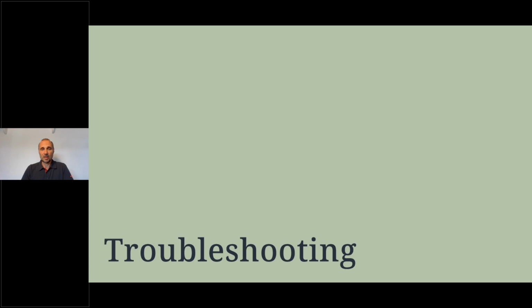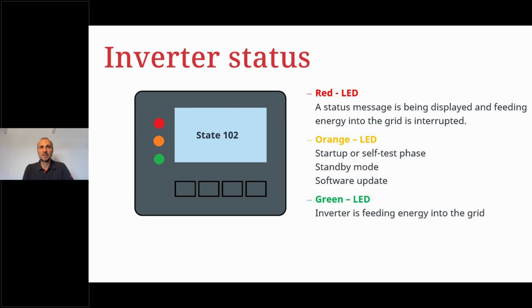If we then start with the troubleshooting, I first would like to recommend you to see the inverter status on the display of the inverter, which is stated as a state code in a 3-digit number, state 102, for example. Beside the display, you see as well 3 LEDs. The red LED shows the status message if the inverter is not running for the moment, for example, and if the feed-in is interrupted, maybe there's a problem with the grid and the grid voltage and so on.